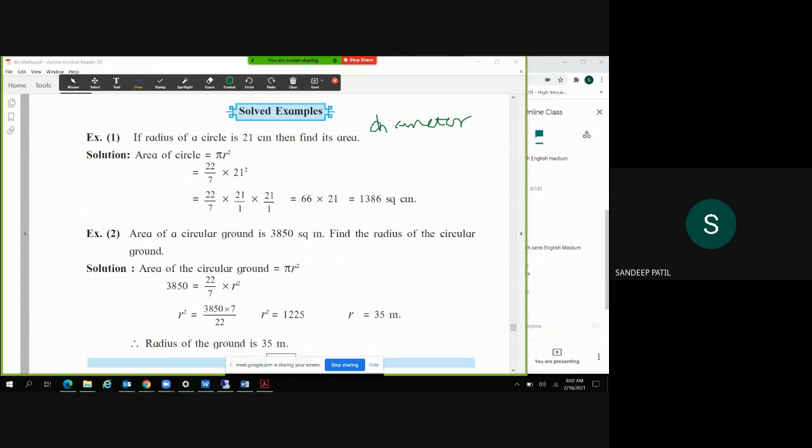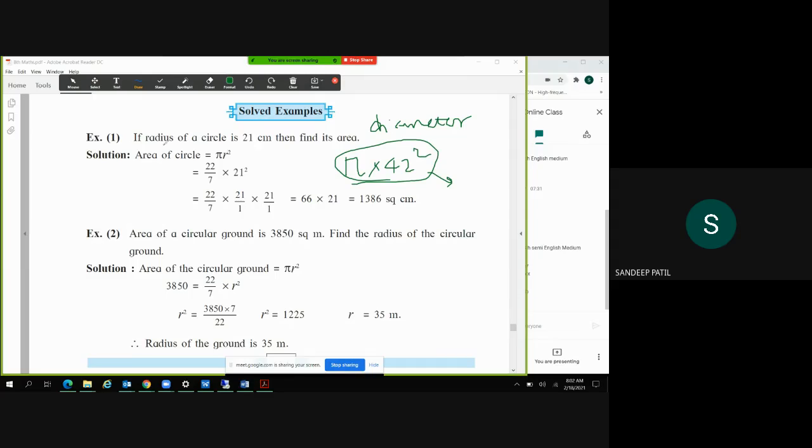So what do we do? We directly take pi and use the d directly, and then it affects a lot, right? Your area calculation will go completely wrong. So always be cautious while calculating the area of a circle in the exam.